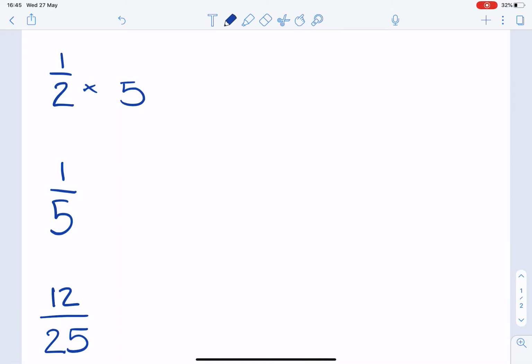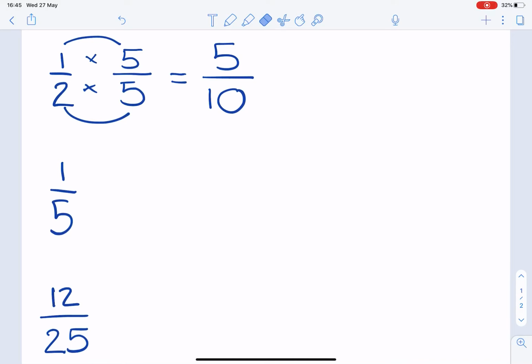And what do we multiply the top with? We multiply the top with the same. And do you agree that 5/5 is the same as 1? 2 times 5 is 10, and 1 times 5 is 5. So, a half is equivalent to 5/10.